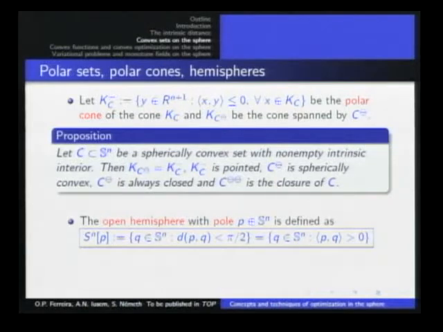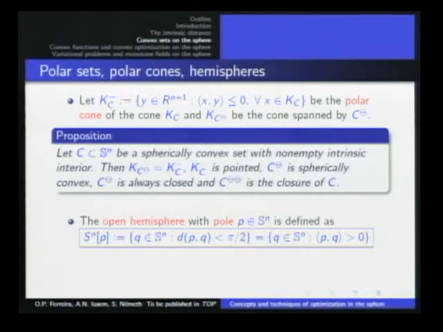Now, the open hemisphere with a pole is just the points which make a strictly acute angle with a given point.